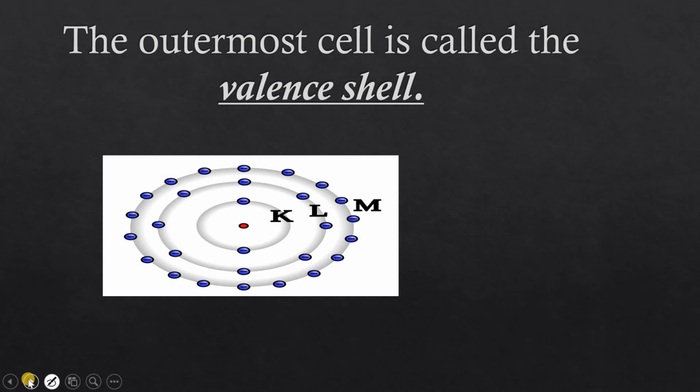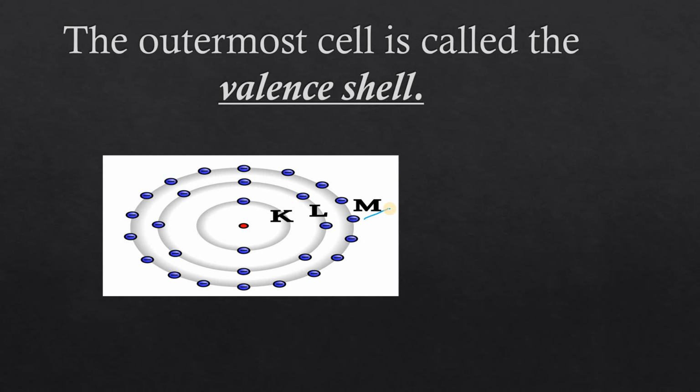Move to the next point. The outermost shell is called the valence shell. The shells are named K, L, M, and so on. The first shell, closest to the nucleus, is K, then the next is L, then M. So the outermost shell, this M shell, is the valence shell.